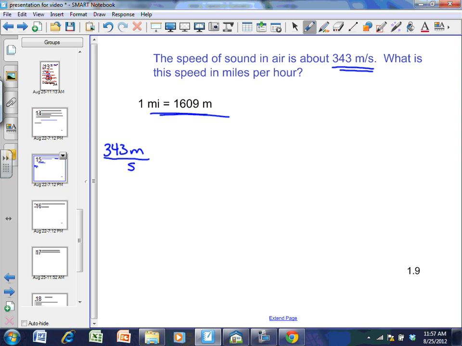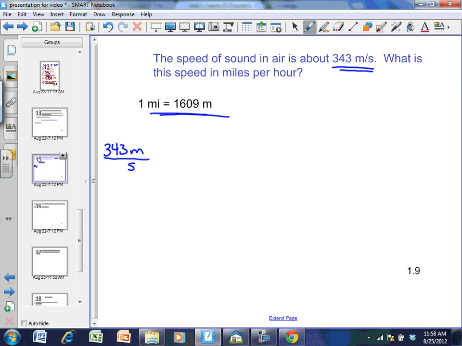So something traveling the speed of sound will travel a distance of 343 meters in a time of 1 second. In 2 seconds it will travel an additional 343 meters. So that ratio is the speed unit. It's a distance per time unit, and it's really just a division problem.